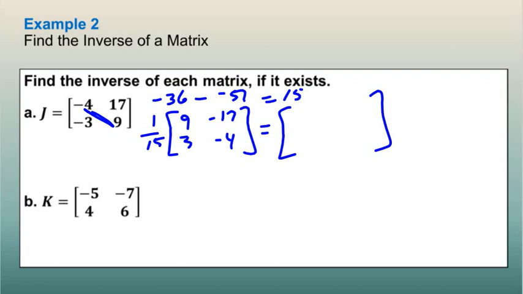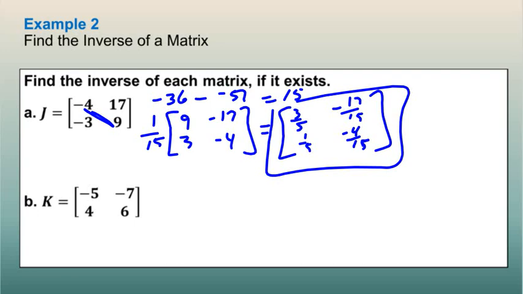Now 1/15 times 9 would be 9 over 15, which gives us 3/5. And then this will give us a negative 17/15. This will give us a 1/5. And this will give us a negative 4/15. So this would be our inverse.